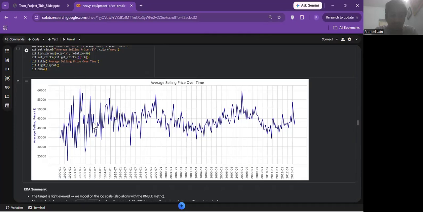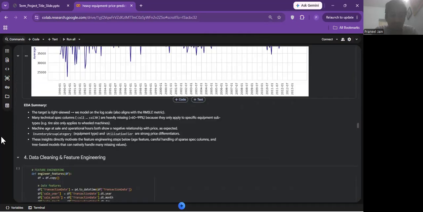The main insights we have gained are that the target is right-skewed, which supports log1p modeling, age versus price and usage hours versus price showed a negative relation, and utilization shows different price differentiations like this.